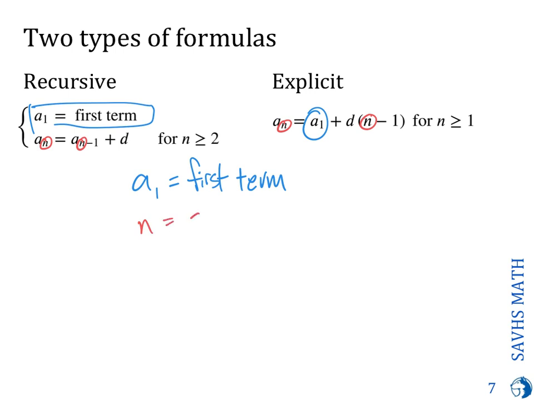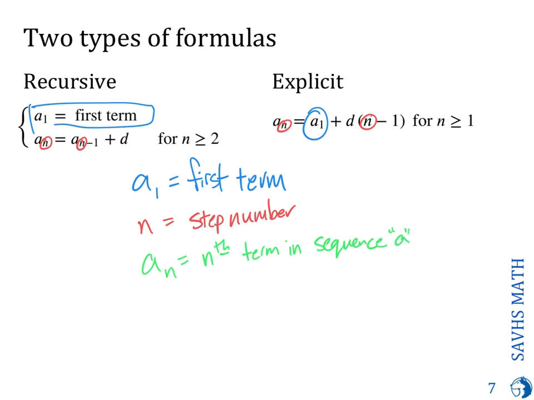N is our step number. And so AN is the nth term in the sequence called A.